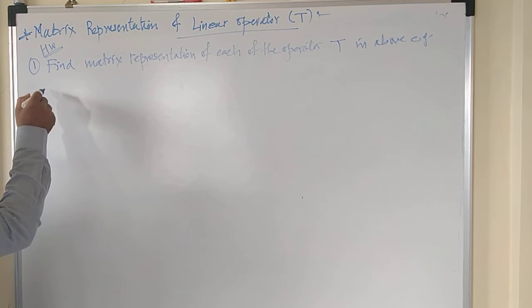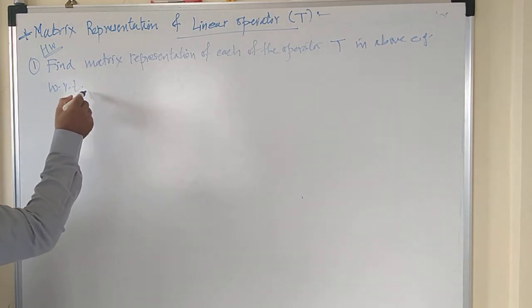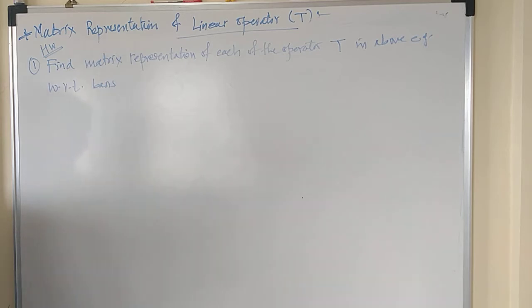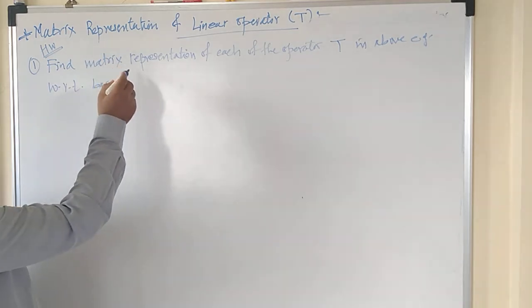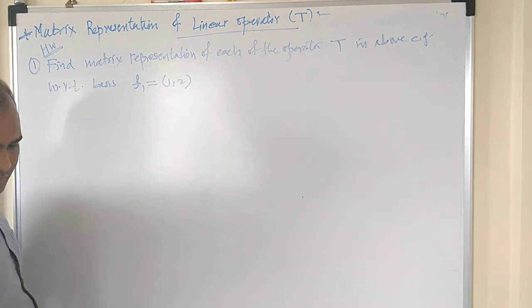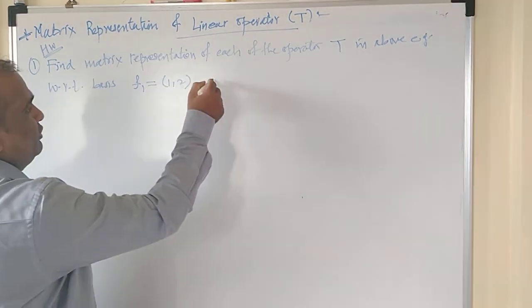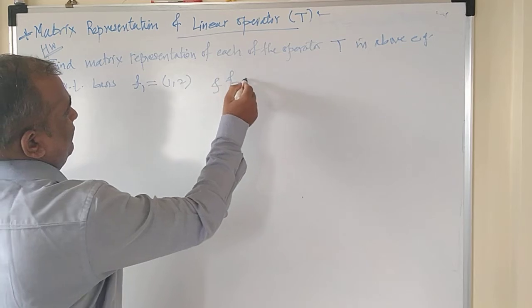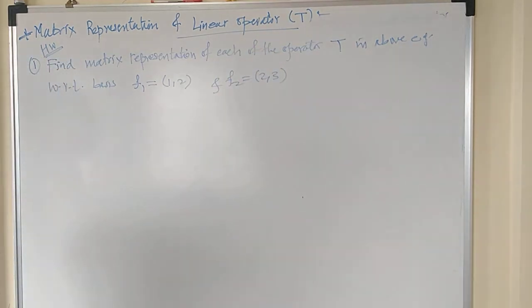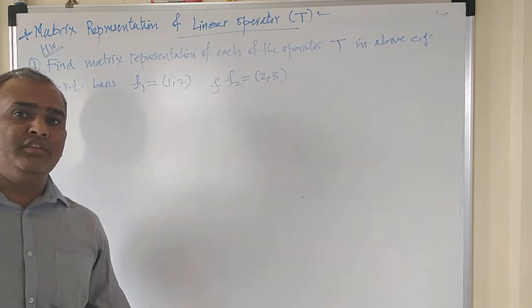With respect to basis, now the basis vectors are given to you. The basis vectors are f1 equal to (1, 2) and f2 equal to (2, 3). In the earlier case, your basis vectors were the standard basis vectors (1, 0) and (0, 1).